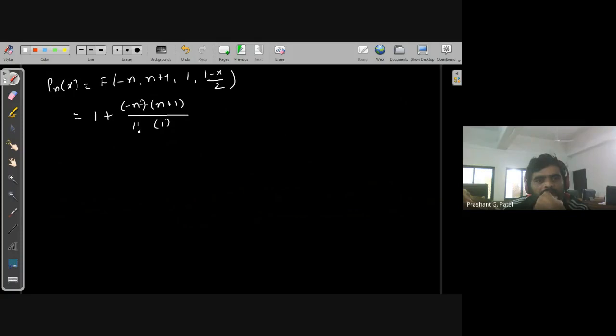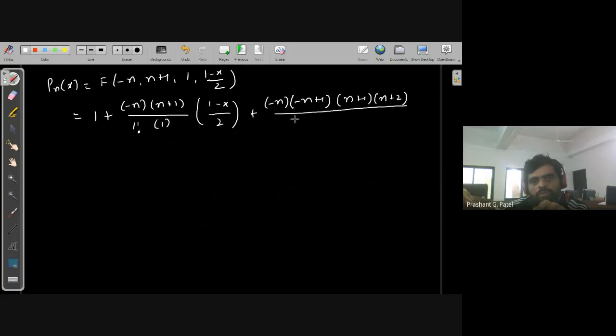This is your a, this is your b, and this value is your c, that is a, b, and c, and instead of x, we have (1 minus x) by 2. The second term is minus n, then (minus n plus 1), for the term b we have (n plus 1)(n plus 2) upon 2 factorial into (c plus 1), c is 1, so that is 1 into 2, and into (1 minus x by 2) whole square.